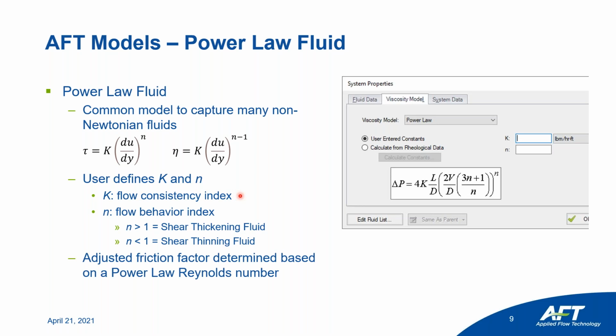Once we've defined these parameters and run our model, AFT software is going to determine the friction factor for each pipe using a power law Reynolds number. We take that power law Reynolds number, which incorporates K and n, and use it to find the friction factor.